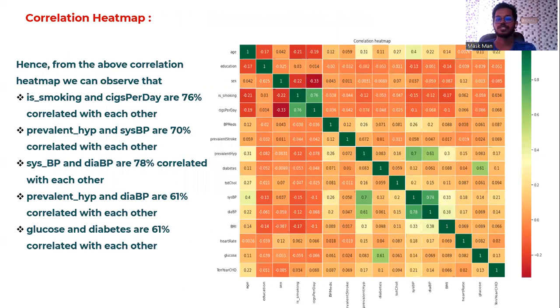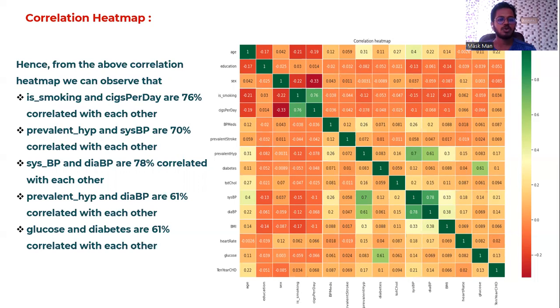And after that, a correlation heat map. From this correlation heat map, we can observe that there are some features which are correlated with each other. If you observe, there are dark green or light green value boxes in the correlation heat map. That means those features are correlated.